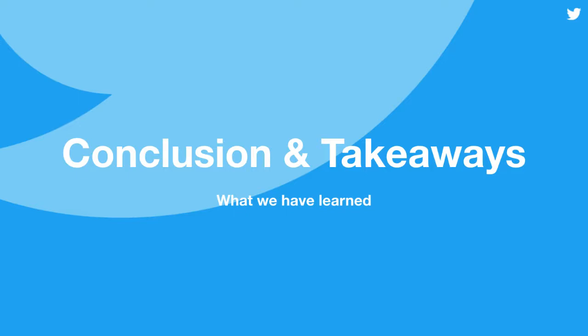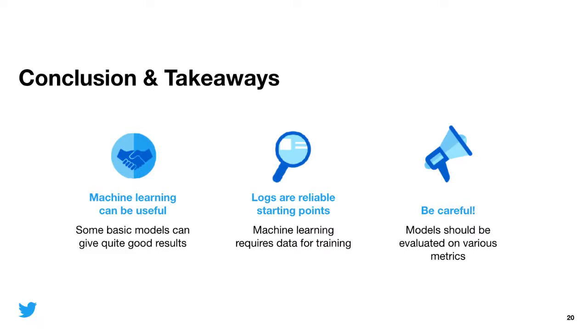And then in the next section, I would like to share some conclusions and takeaways about our work, about what we have learned from this project. Here are some key points that we want to share. The first one is machine learning can be useful. From our experiments, we find that even some very basic models like random forest or XGBoost can give us quite good results.